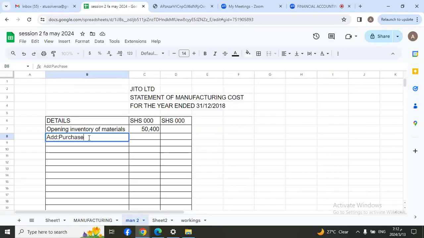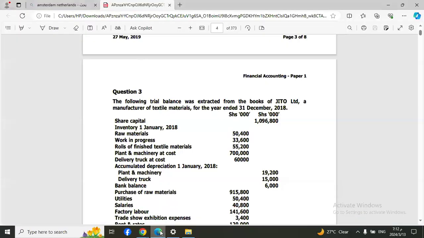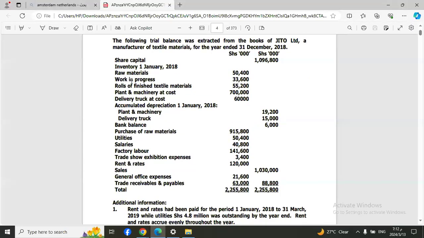purchases of materials. I come to my question. I check, do I have purchases of materials? So you check. Here we have work in progress, rolls of finished textiles.